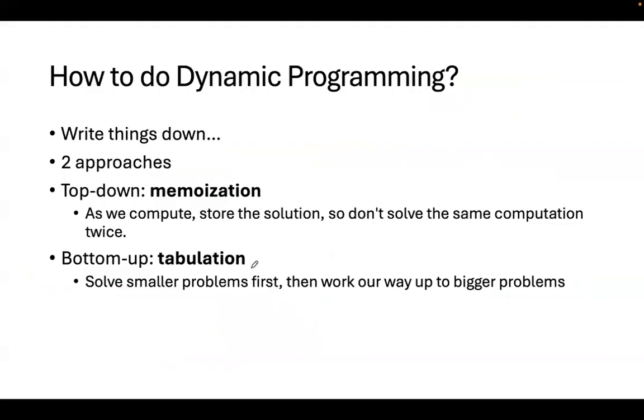There's another way, bottom up, which is tabulation. This involves solving smaller problems first and then working our way up to bigger problems. Memoization is where we start with the big problem and break it down. Tabulation is where we start with small problems and then work up.